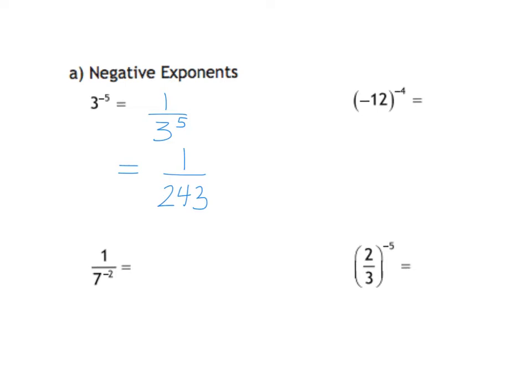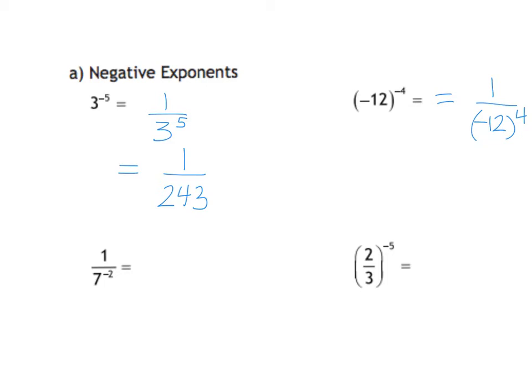Let's look at this one, negative 12 to the power of negative 4. We're going to change that to 1 over negative 12 to the power of positive 4. So change it to 1 over, make the exponent positive.